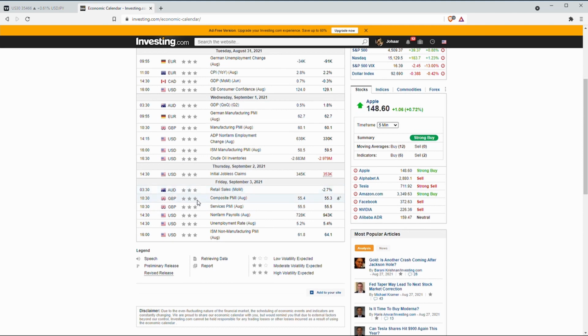Then we have non-farm payrolls. Now there is a little bit of something that I want to share with the guys in Telegram channels around these. One thing to take note of here as well, very important guys, along with non-farm payrolls, we also have an unemployment rate. These two together are very, very risky trading.